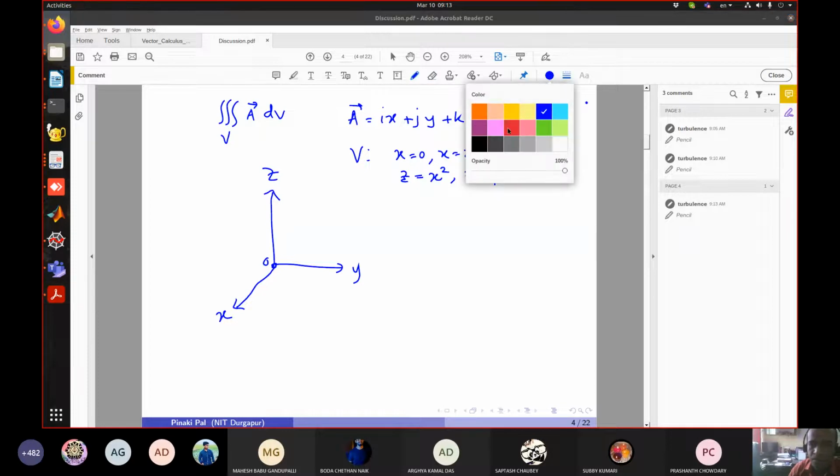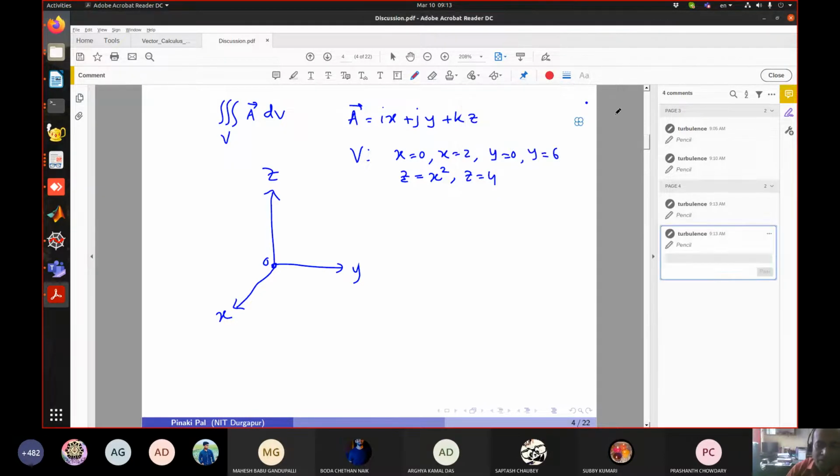Now, x will vary from 0 to 2. x equal to 0 means the yz plane, and x equal to 2 means a plane parallel to the yz plane at a distance 2. And let us suppose this is y equal to 6. So this region is covered.